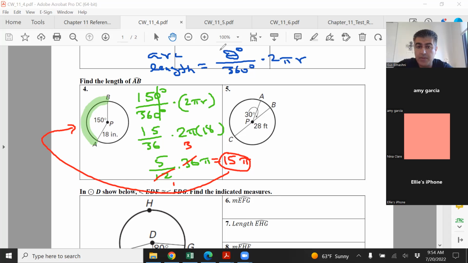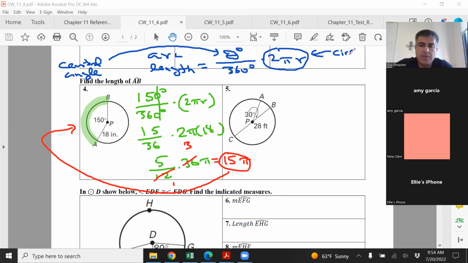It's the angle, theta, that's your central angle. The central angle that intercepts the arc, divided by 360, because you want the fraction that's shaded, and multiply by the whole thing. And 2 pi r is the circumference.